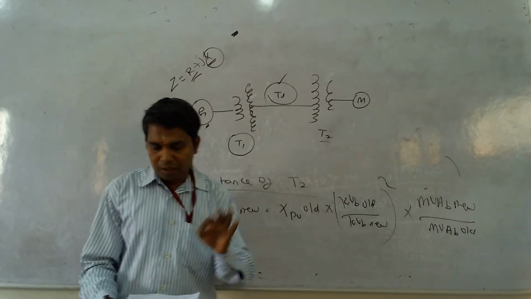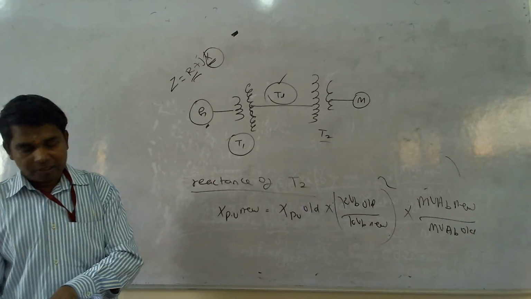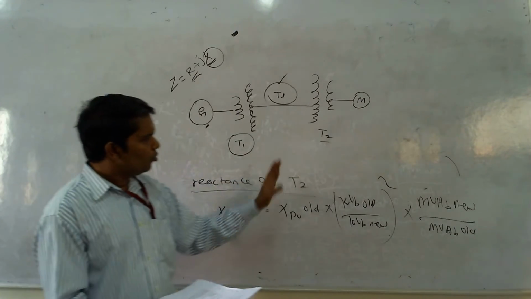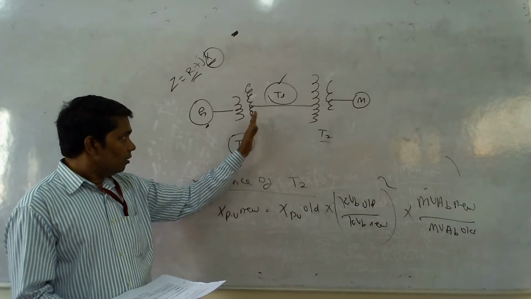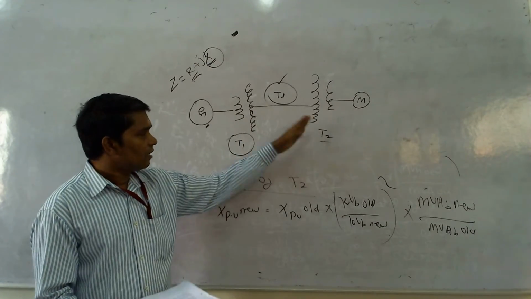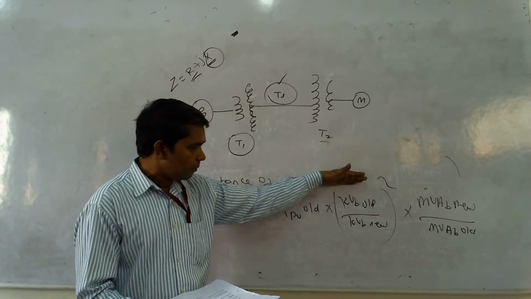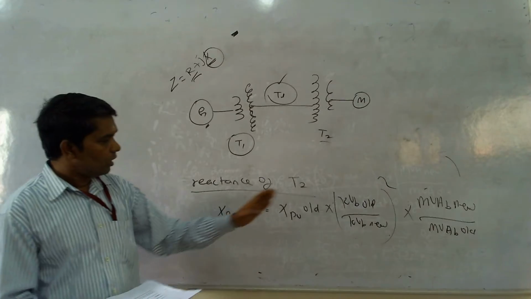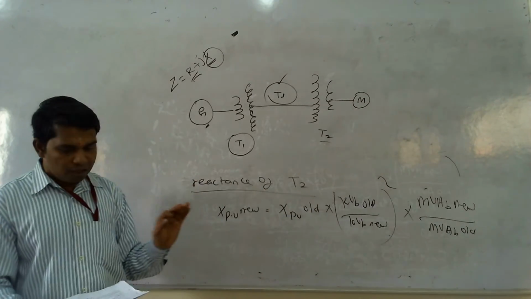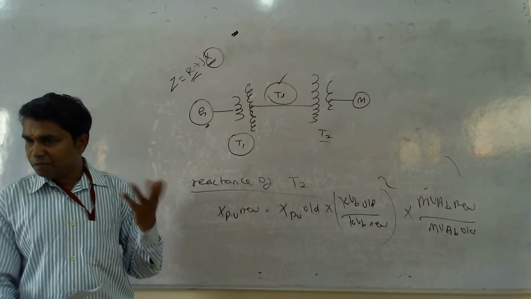How much have they given? They have given 230 kilovolt. And the new value you can also take with respect to your transformer 1 primary side or secondary side. That is also 230 kilovolt. So the old kilovolt base and the new kilovolt base are both the same, that is 230 kilovolt. So that is also known. And the reactance value given for the transformer 2 is 15%, so it is 0.15.